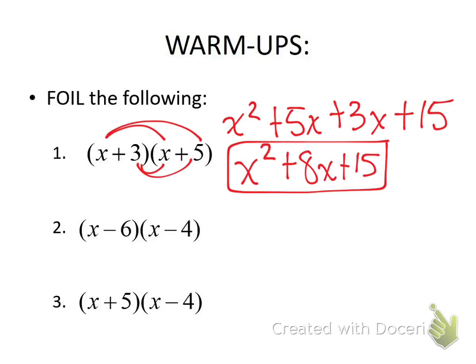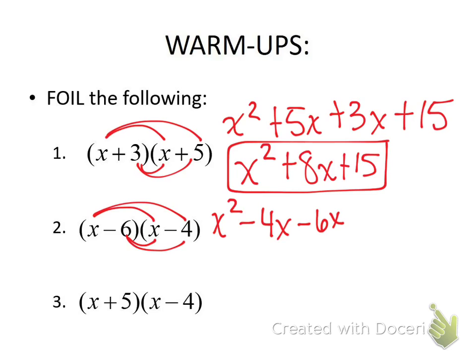On number 2, again, we double distribute. We have to think about this as a negative 6 and a negative 4. X times x gives me x squared still. X times negative 4 is negative 4x. Negative 6 times x is negative 6x.